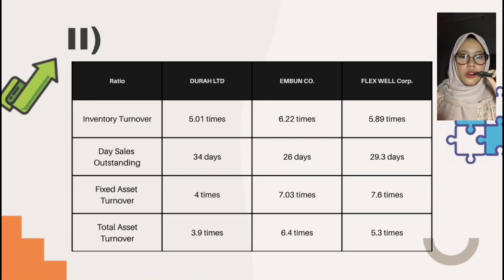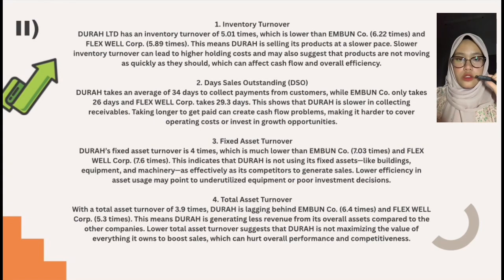Moving on to Roman 2, where I need to evaluate Dura Ltd's overall performance in 2024 relative to its competitors using all 4 ratios. So for the first ratio, which is inventory turnover, Dura Ltd has an inventory turnover of 5.01 times, which is lower than Ambon Co and Flexwell Corp.